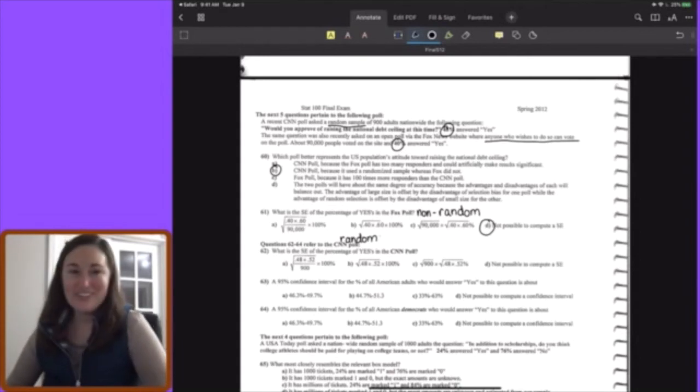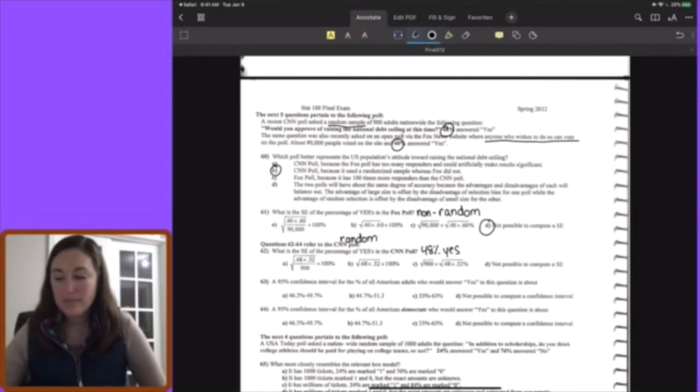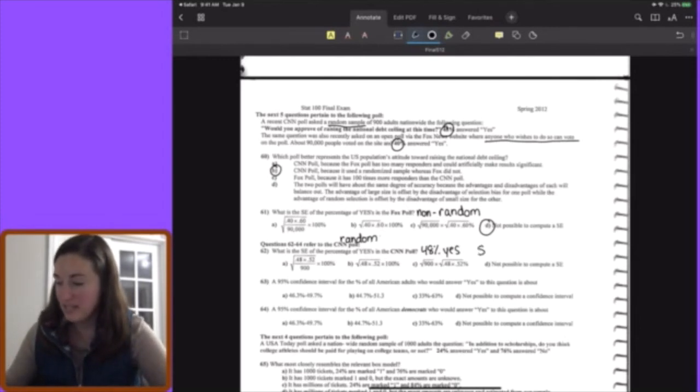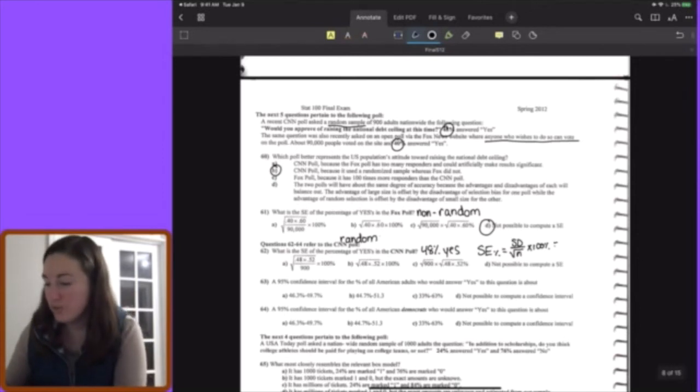So it says, what's the standard error? And we got 48% of people saying yes. So to find the standard error, I need to decide, am I dealing with a sum, average, or percent? And there's a bunch of percent signs here. So I would go ahead and say it is percent. And the standard error for the percent is the SD over the square root of n times 100%. And the SD in this case, I could use the shortcut formula and say, this is a yes or no poll.